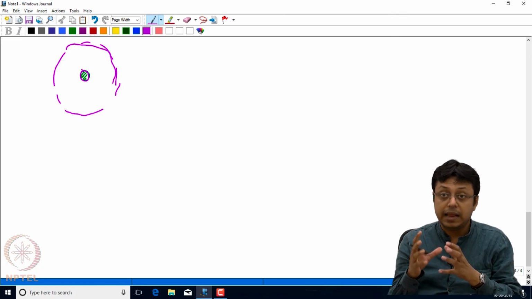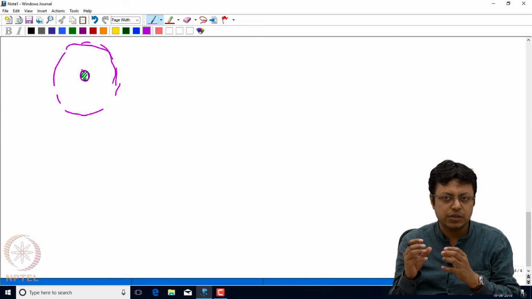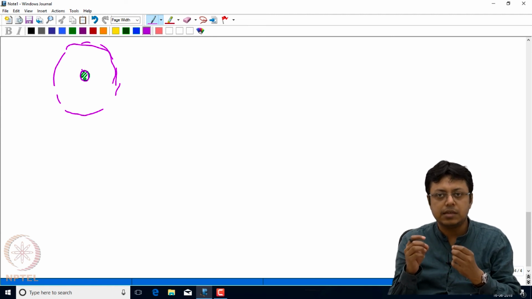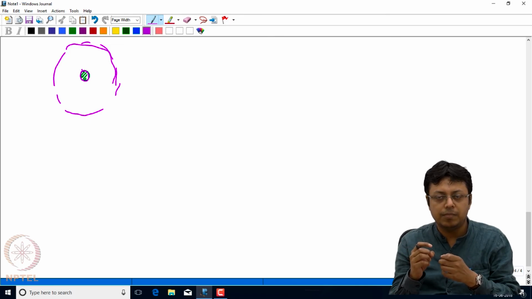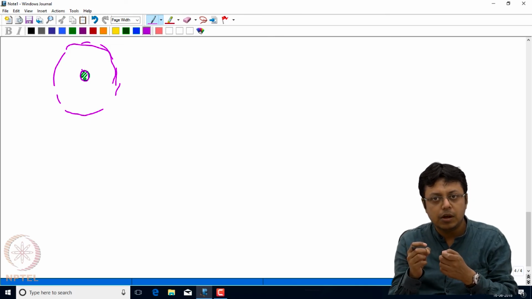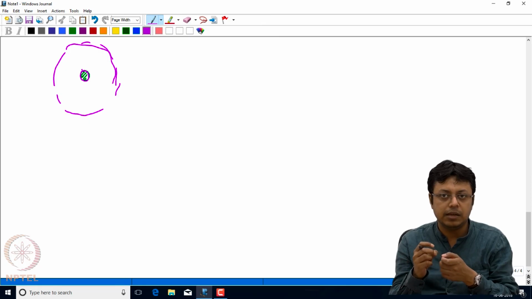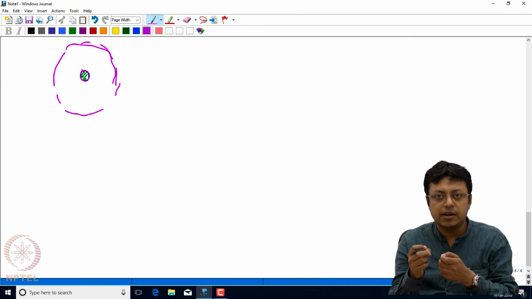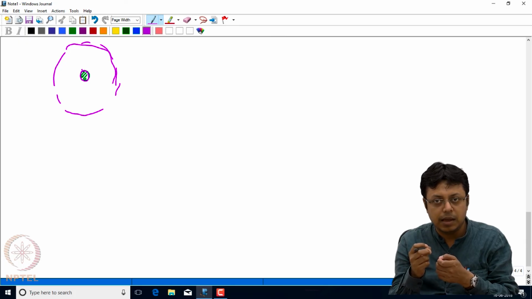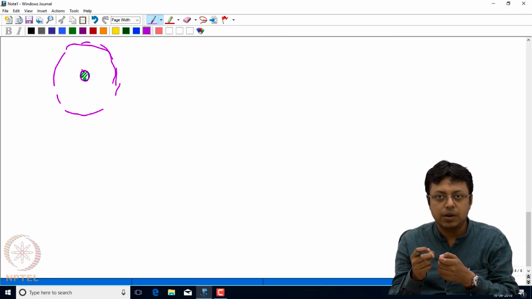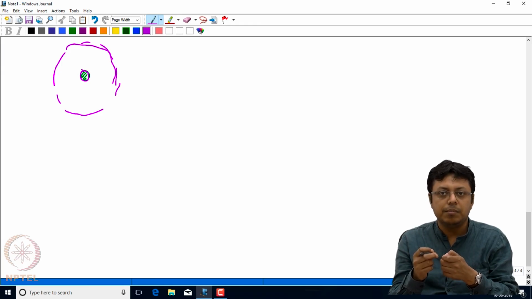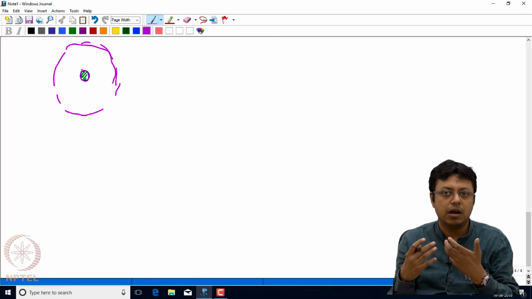Now, there can be instantaneous electron cloud fluctuations, which can give rise to a partial separation over a very short period of time between the center of the electron charge distribution and the nuclei, and that can give rise to a momentary dipole. But we are not considering that at this moment, because it is just a time dependent dipole.